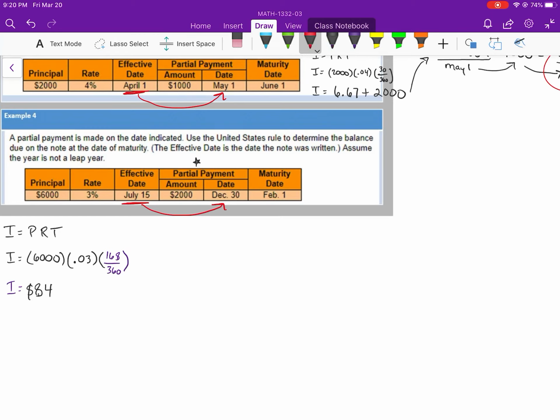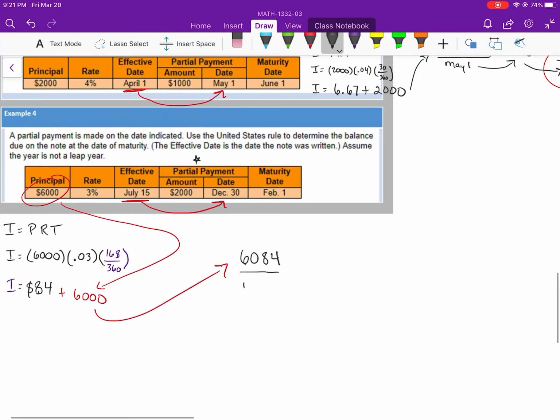Alright, so that $84 is going to be added to this principal right here. So plus 6,000, to get my new total. 6,084. Okay. So this is how much is on the loan as of December 30th.